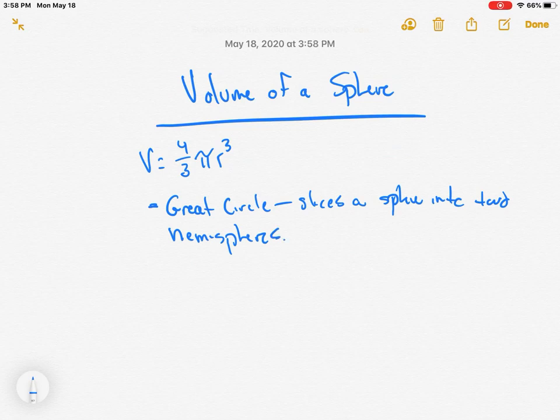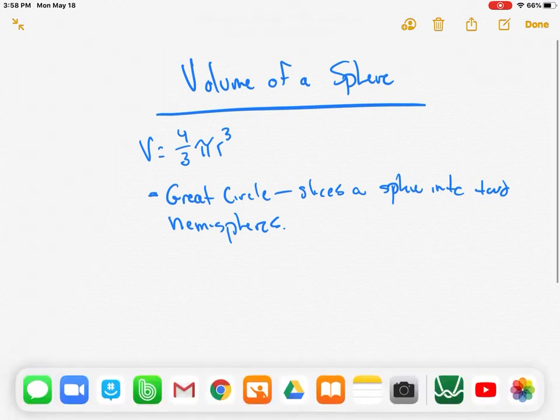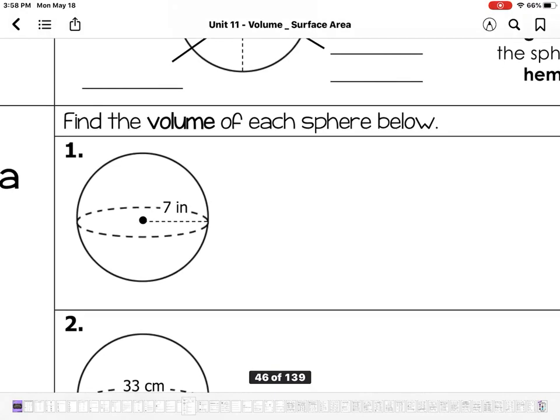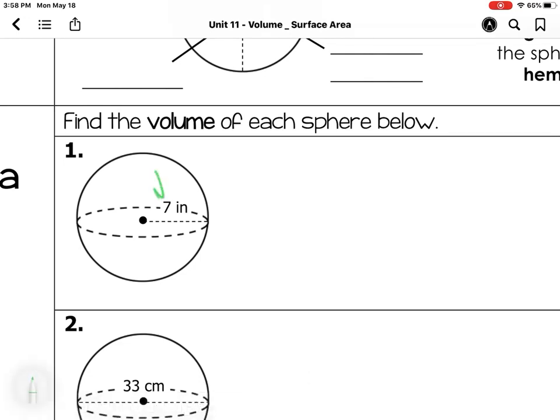So let's go ahead and quickly look at some problems. The big thing we need to know when trying to find the volume of a sphere is the radius. As soon as we can identify the radius, we are golden. So the radius here is 7.